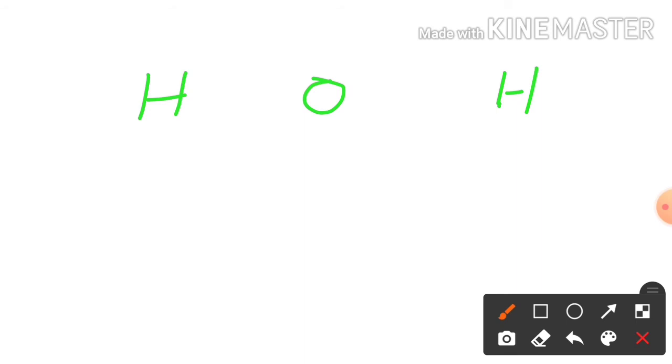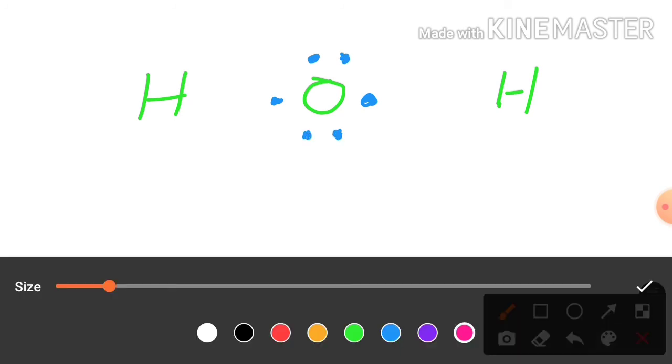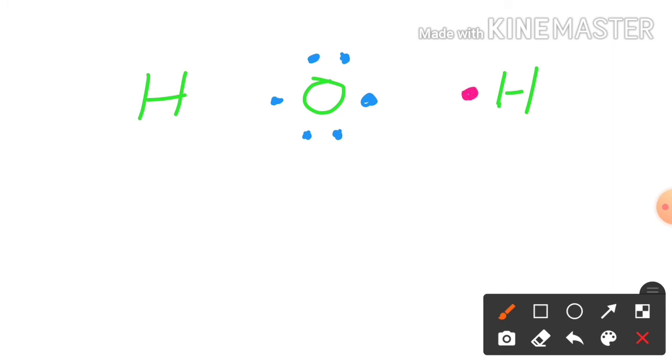Oxygen, total valence electrons 6: 1 2 3 4 5 6. Hydrogen, valence electron 1 and 1. Now you see how the hydrogen completes its duplet by sharing 1 electron with oxygen.